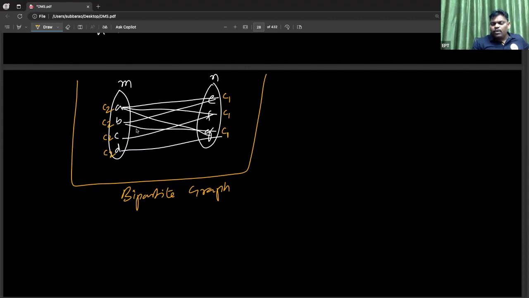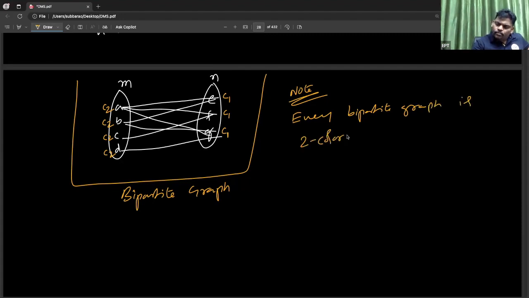For all M vertices give one color, for all N vertices give one color. So, note: every bipartite graph is two-colorable, meaning maximum two colors.